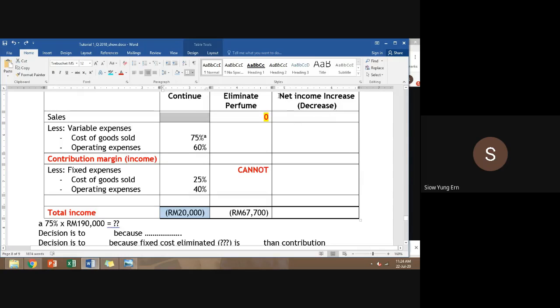So net income will, sales decrease, net income move in the same direction. Correct. Decrease. Sales decrease, net income decrease. Okay, if it is cost, then only opposite direction. Cost decrease, net income increase.